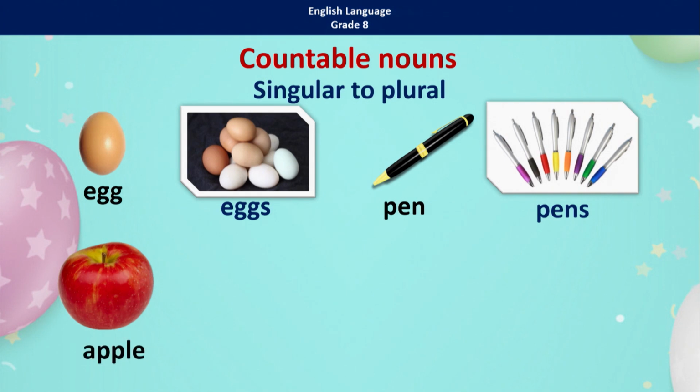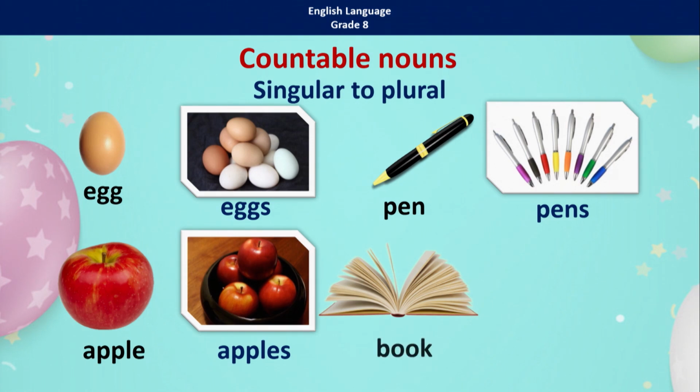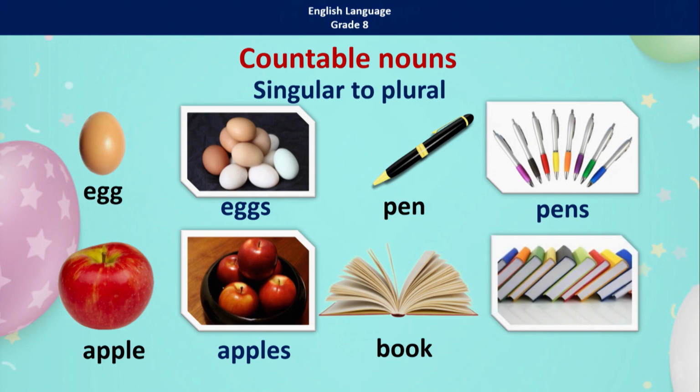Apple, plural, apples. Adding the letter S there. Book becomes books. Egg, eggs. Pen, pens. Apple, apples. Book, books. Here it is really easy. What you should do is add an S to the end of the noun.